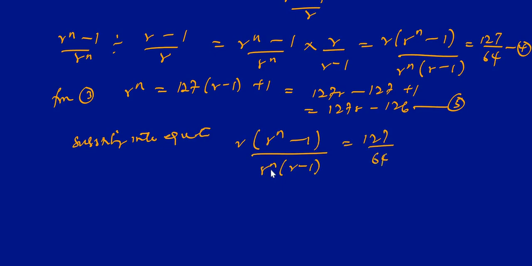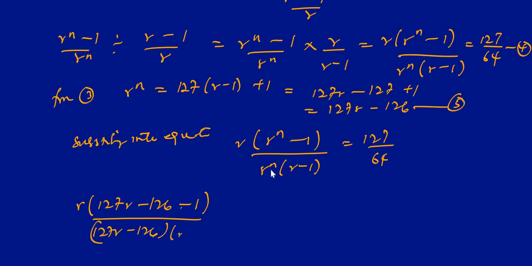So now we have R bracket 127R minus 126 minus 1 all over 127R minus 126 into R minus 1, equal to 127 over 64.